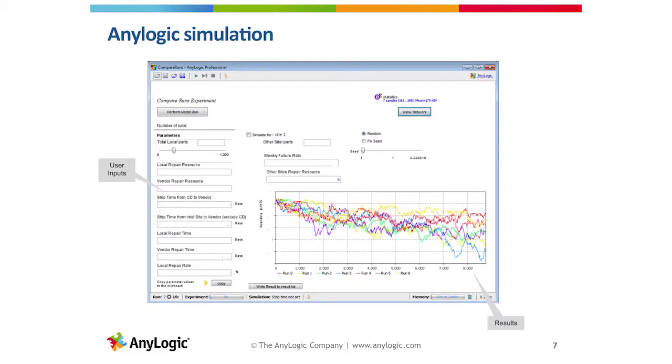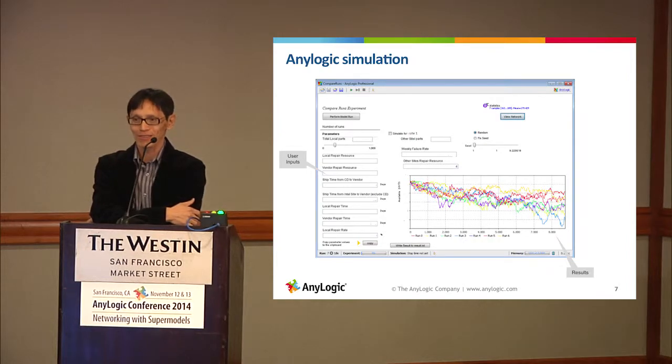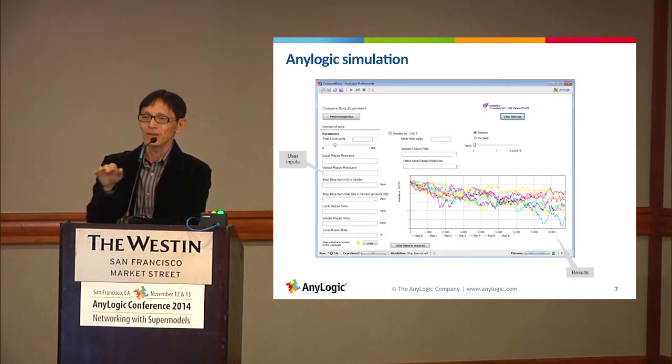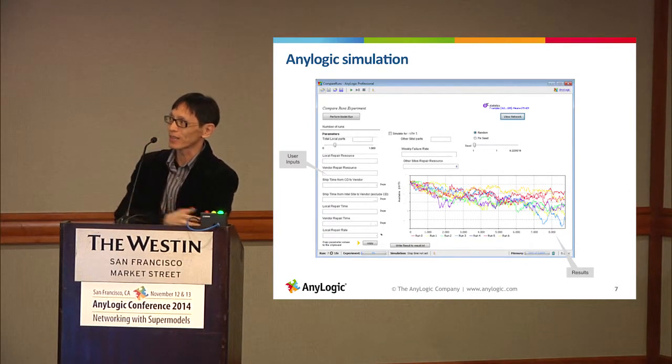When we showed this to the commodity manager, he was really excited about it because they can play around, tweak the parameters, and see if we have enough parts or not.